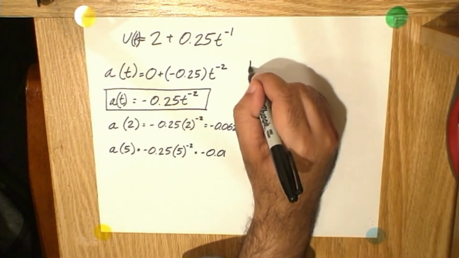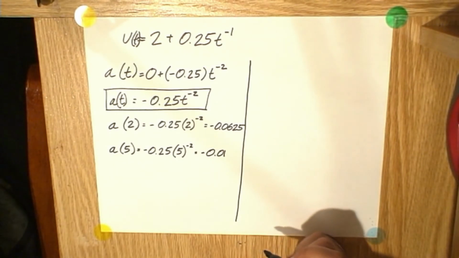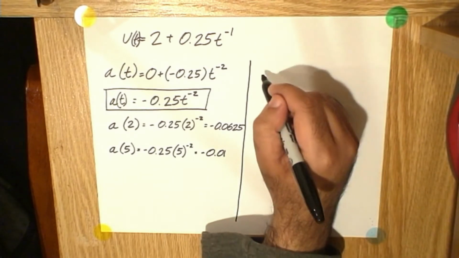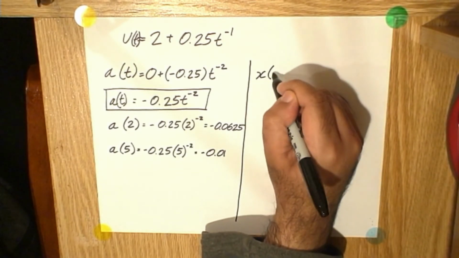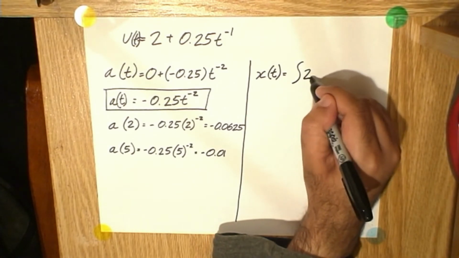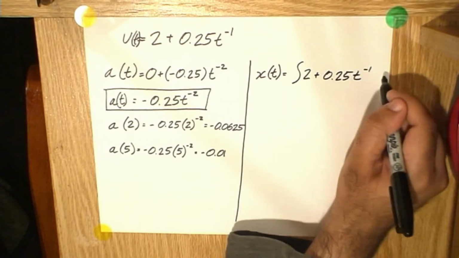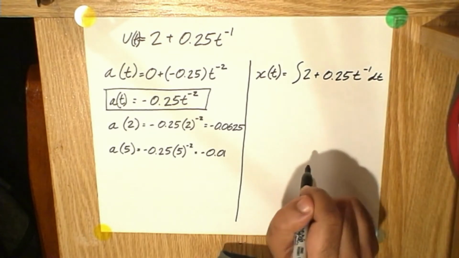Now, the other part of the question was asking us to find an expression or an equation for the position, that is x of t. And the way that we do that is by taking the integral of 2 plus 0.25 t to the negative 1 power, dt.